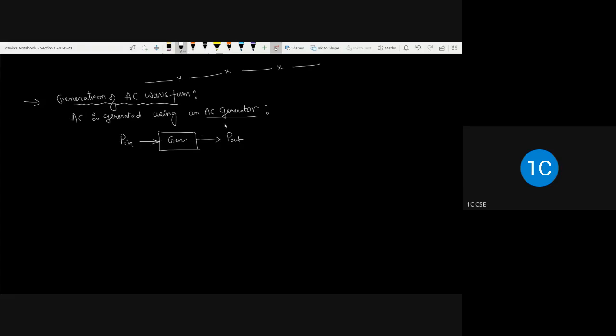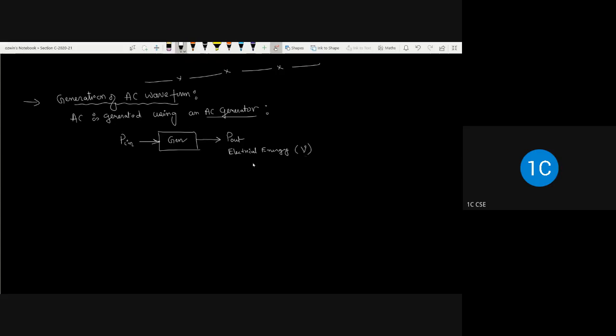Now, to produce electricity, this generator should give you an AC waveform. That means the power output should be electrical energy. In short, it should be some voltage.